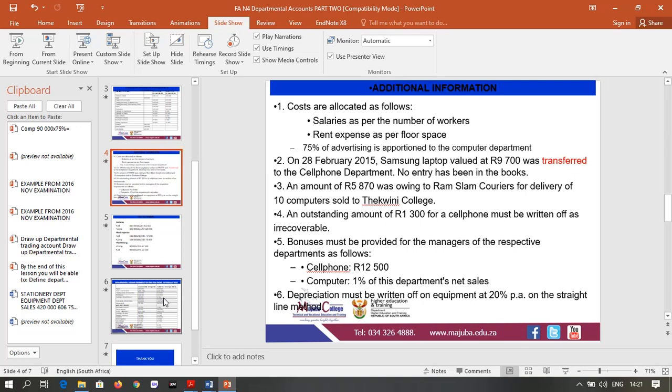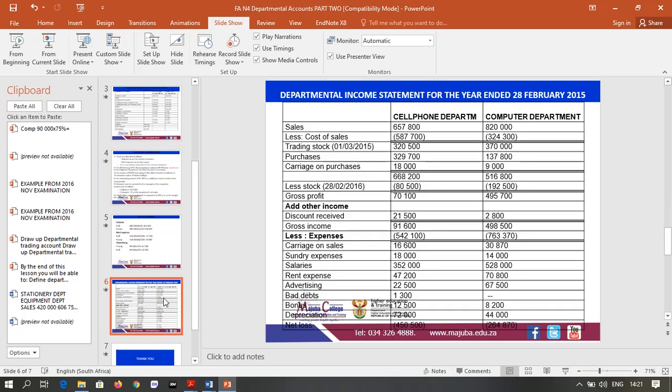You remember the net sales for computer. Why do they say net? Because it's after you subtract the sales returns. It's 820,000 times 1%. That is how this amount of 8,200 comes about. This is 1% of 820,000.